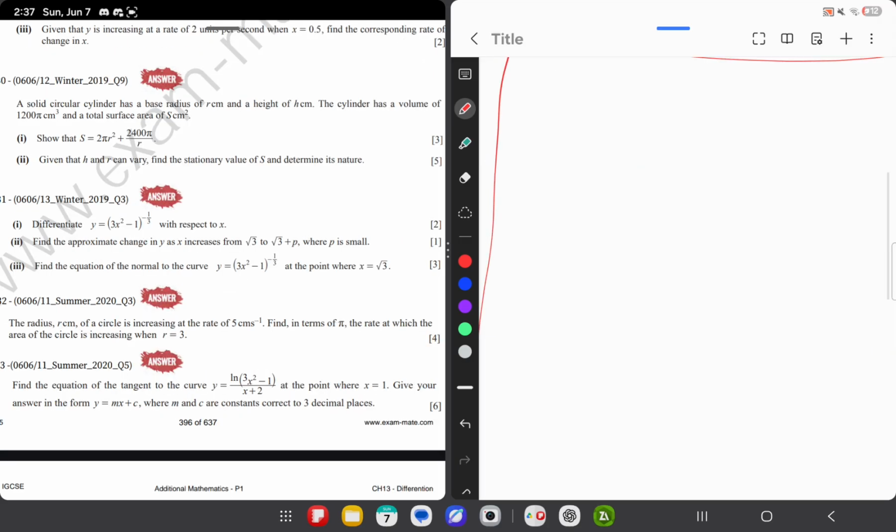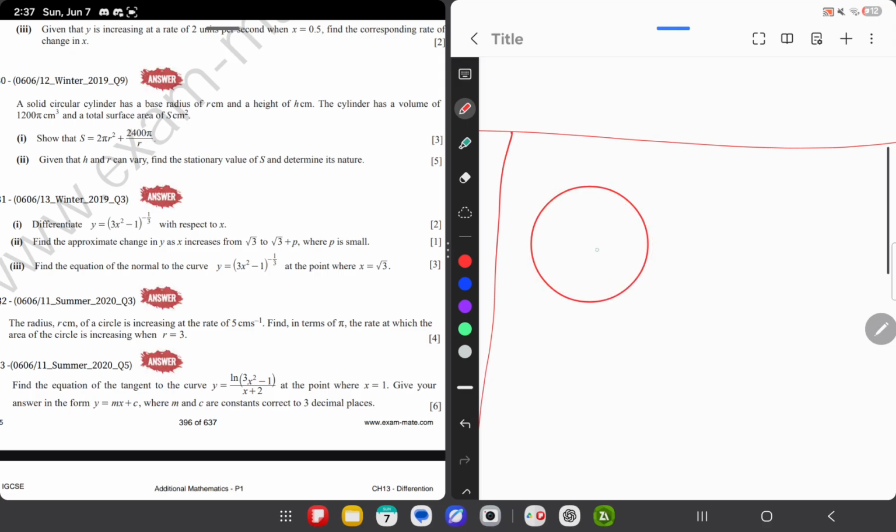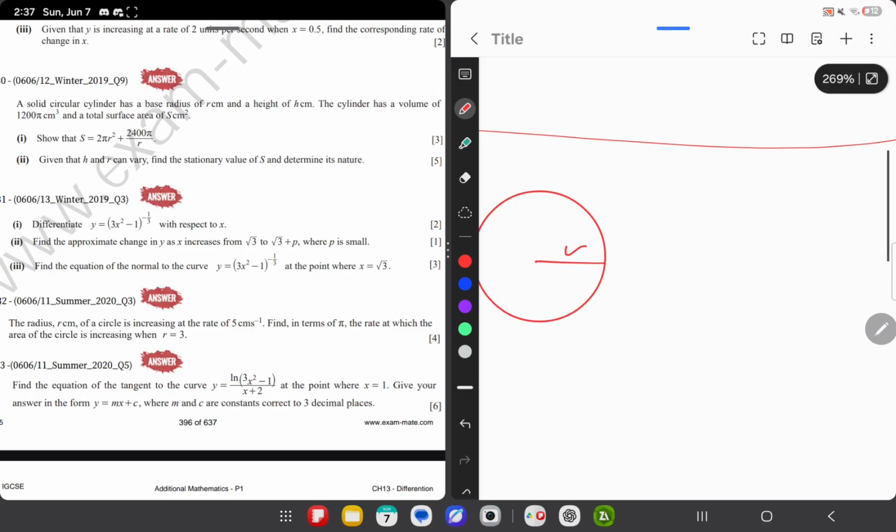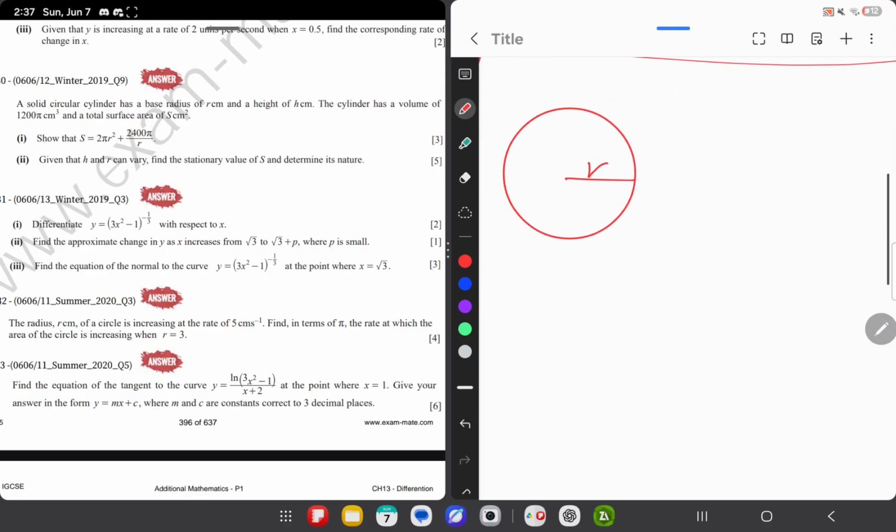Fun one. The radius r of a circle is increasing at a rate of 5 centimeters per second. Find, in terms of pi, the rate at which the area of the circle is increasing when r is equal to 3. Okay, we know the area is equal to pi r squared, in centimeters squared.